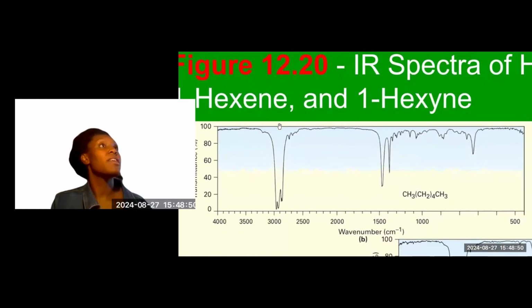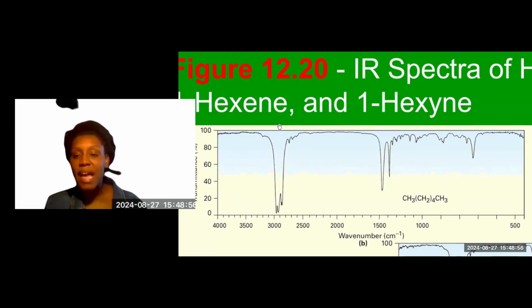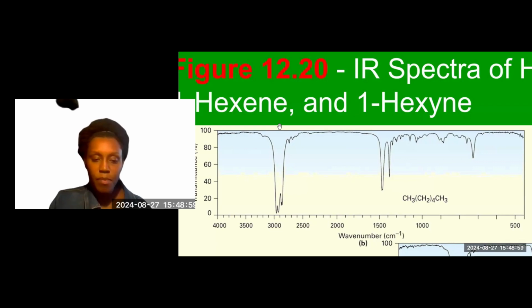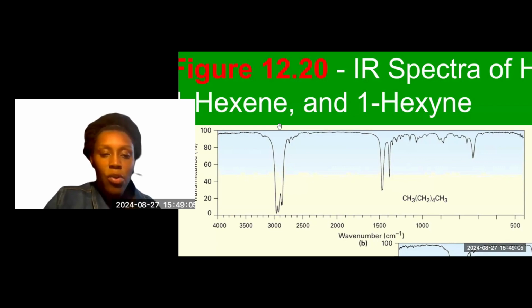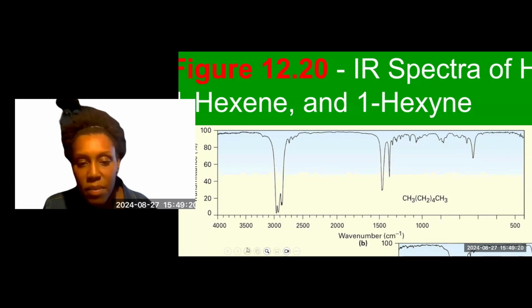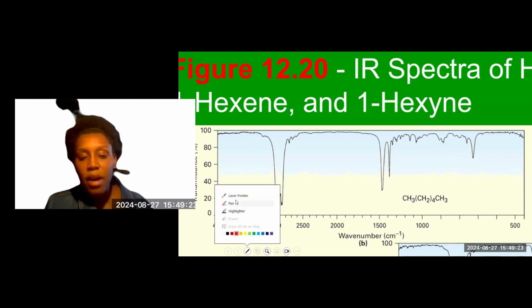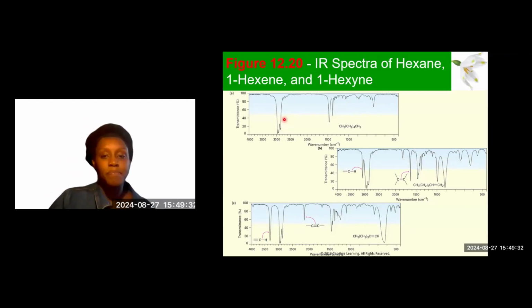All right, so the first one we have here is hexane. All right, this is hexane. So if you notice, all the peaks on hexane are going to be to the right of 3,000.